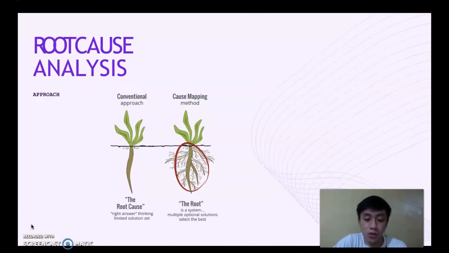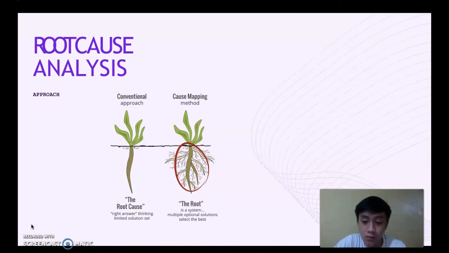The approach to root cause analysis. As you can see, the image shown represents what root means. If organizations use the conventional approach, it will give them a limited solution set. On the other hand, the cause mapping method is the best.